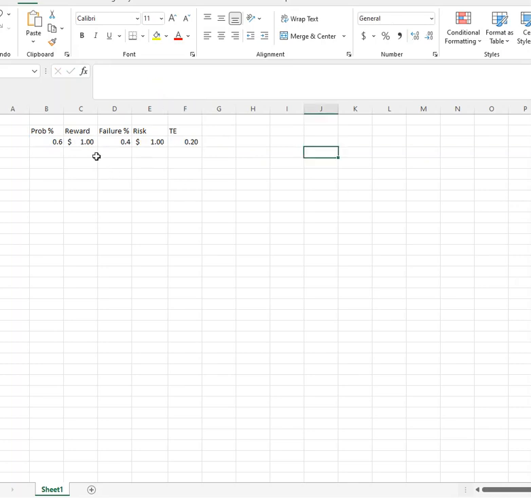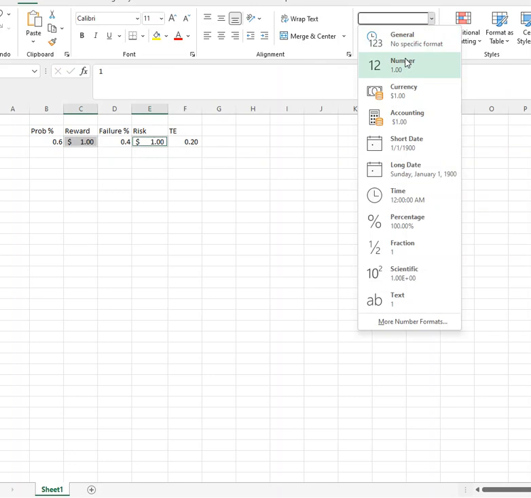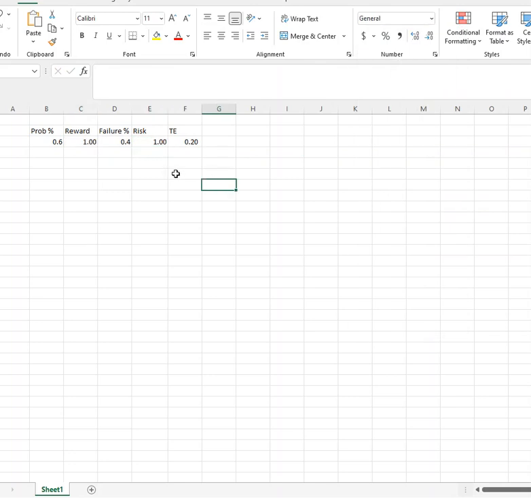I'm going to do more of a number because I like that more. So this is risking 1-to-1. And I show this example all the time. Here's a 40% scenario where your reward is 2 and your risk is 1.